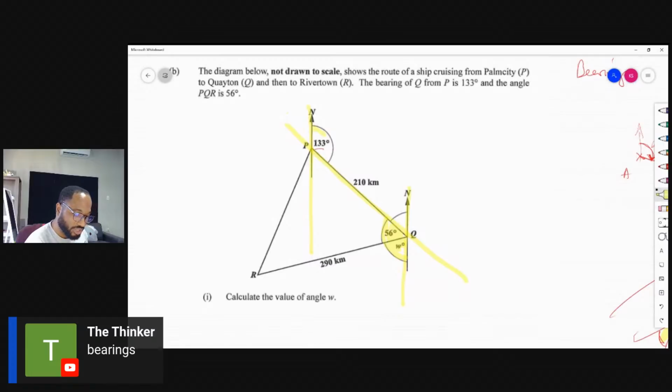Oh my gosh, we could figure out W. You're seeing it? It always starts to pop out. So every time you see bearings, think about lengthening the two north lines and seeing two parallel lines with a line cutting through. That's normally the first thing to break the bearings question. After that, you use the cosine rule and sine rule to solve the other things. But the first thing to break the bearings question is that.